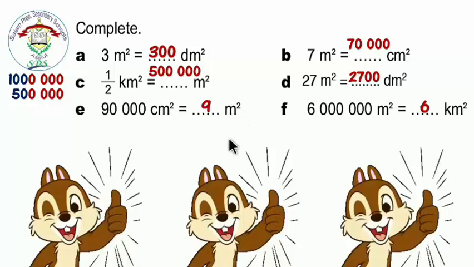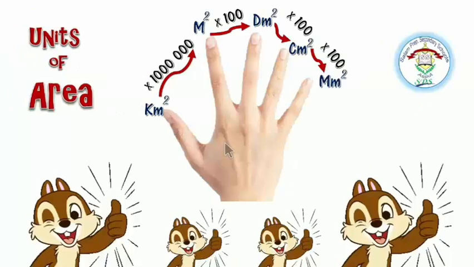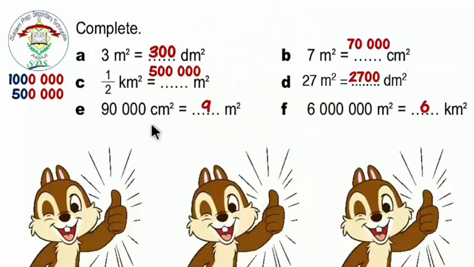Please pay attention with me. From square centimeter to square meter, we go back, so we will cancel zeros. We will remove 4 zeros. The answer will be 9 square meters.